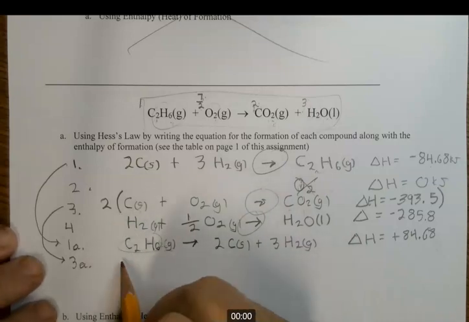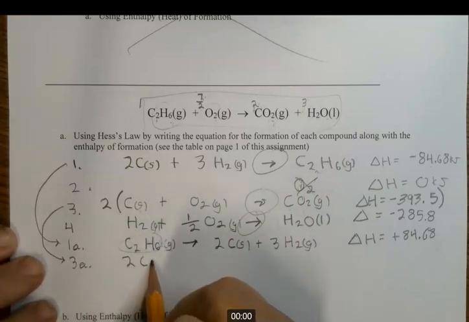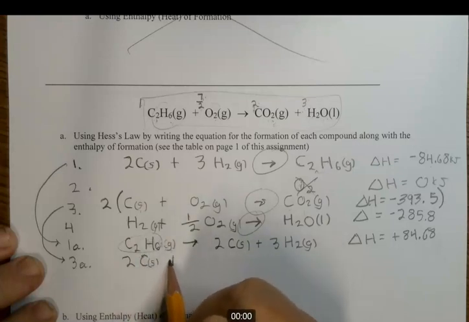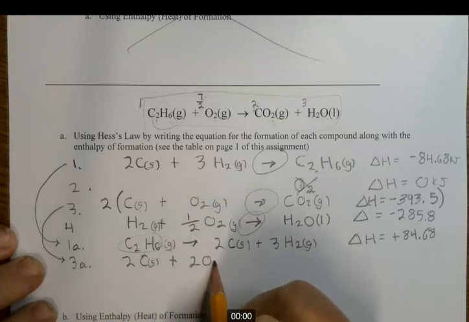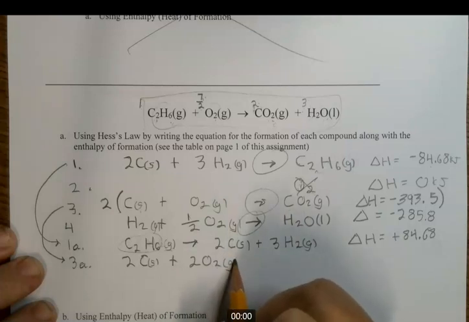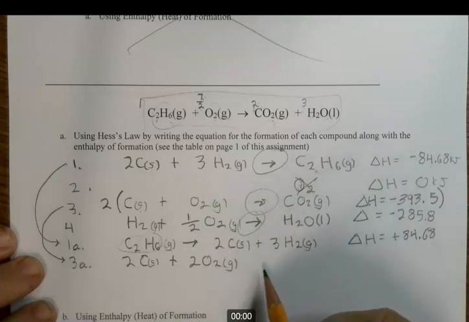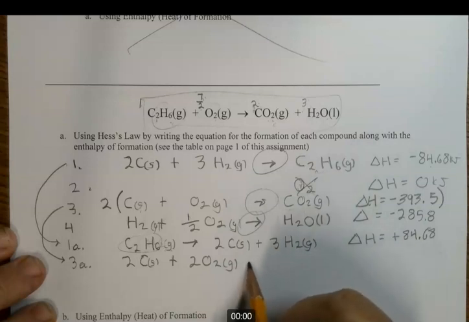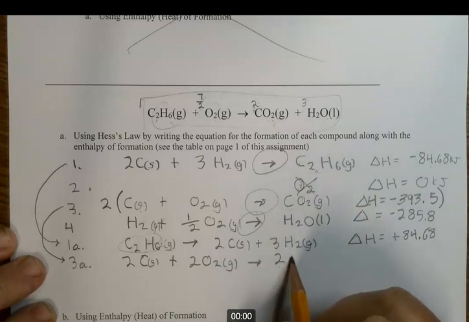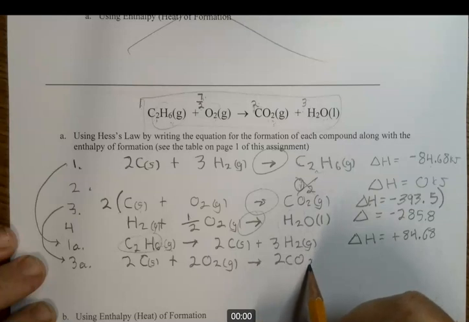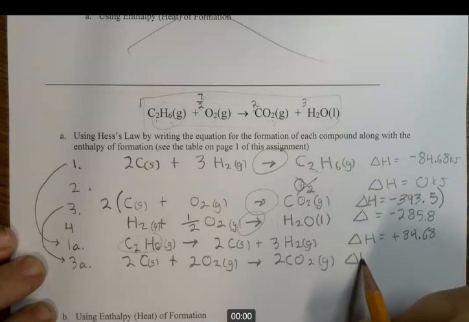So we have 2 times C solid, carbon solid, plus 2 times O2, and that's gas. And that's going to give us 2 CO2, gas. And what's that going to do to the enthalpy?